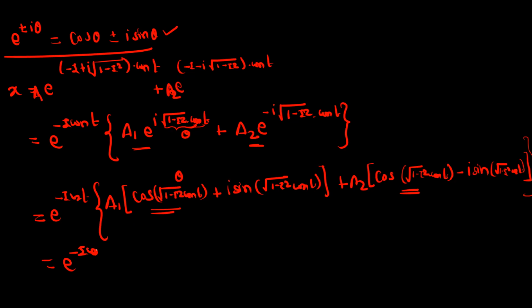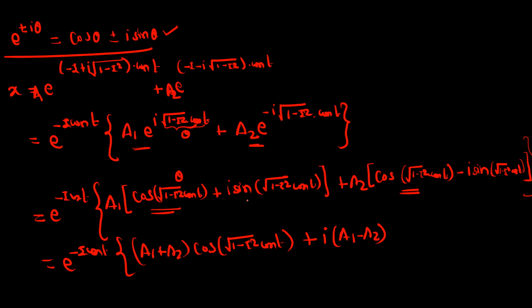So e raised to minus zeta omega n t, I will write here (a1 plus a2) multiplied by cos of square root 1 minus zeta square omega n t, and plus the second term, I (a1 minus a2), from this take sin common, so sin of square root 1 minus zeta square omega n t.